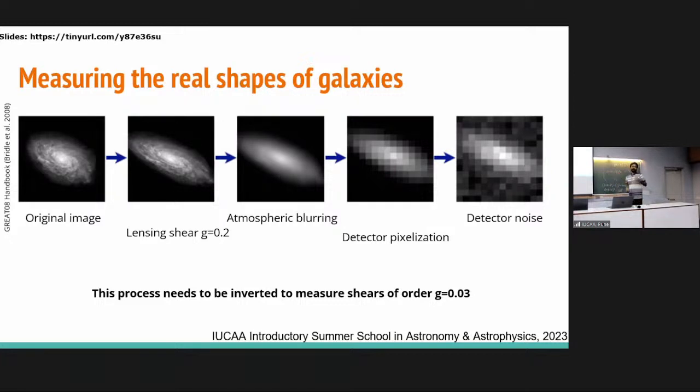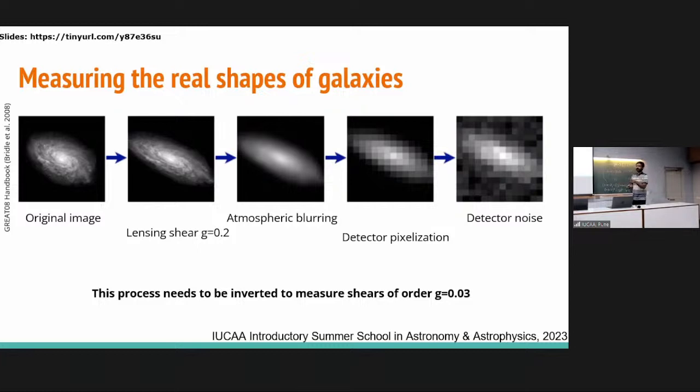Now, of course, we have the atmosphere, otherwise we would not exist. This very useful thing called the atmosphere just makes things look like this. So it blurs things out. Now these beautiful looking things look like this. Now we have to detect these galaxies, which means we have to have a detector which will have some pixels. So from the atmospheric blurring, you then have to go to detector pixelization.